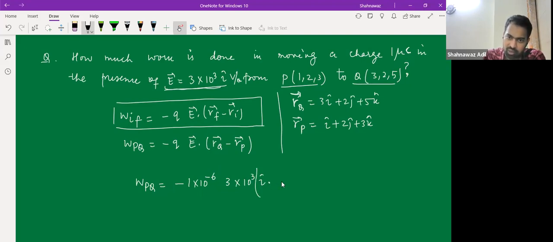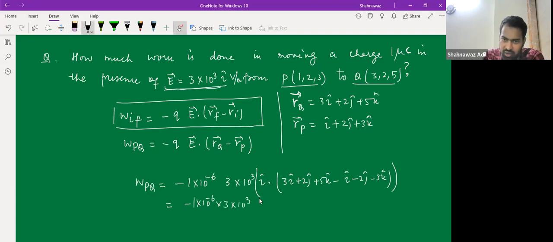And RQ is 3I plus 2J plus 5K minus (I plus 2J plus 3K). So we'll have 1 into 10 to the power minus 6 into 3 into 10 to the power 3 I dot, this is 3I minus I, so 2I. 2J minus 2J cancels, 5K minus 3K is 2K.